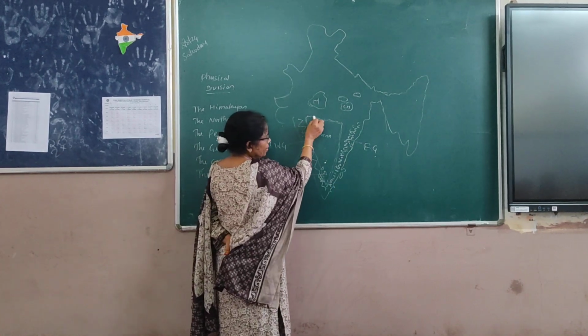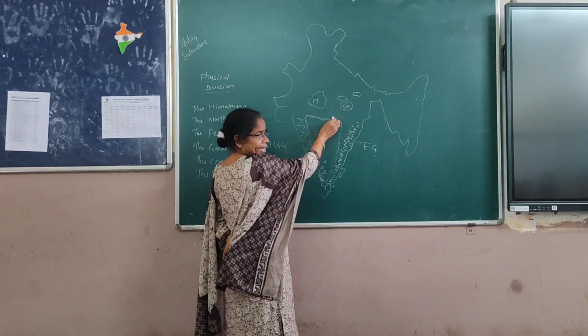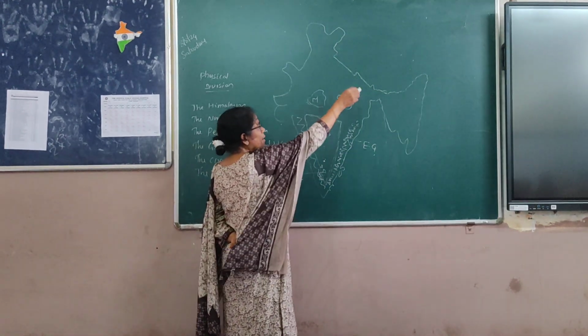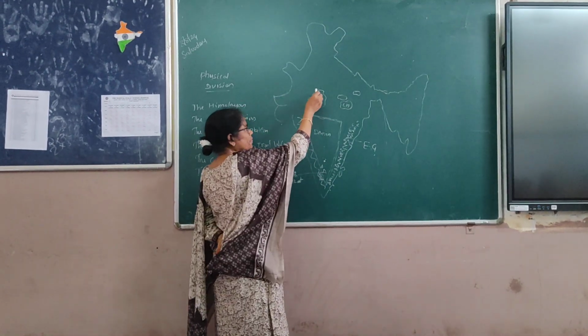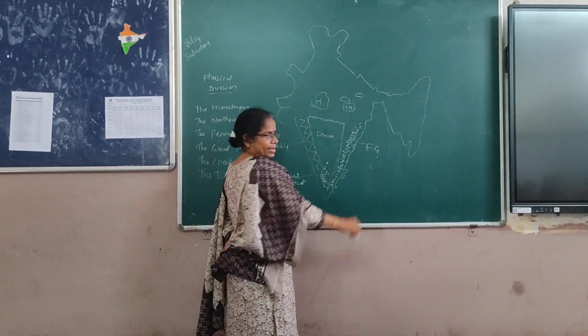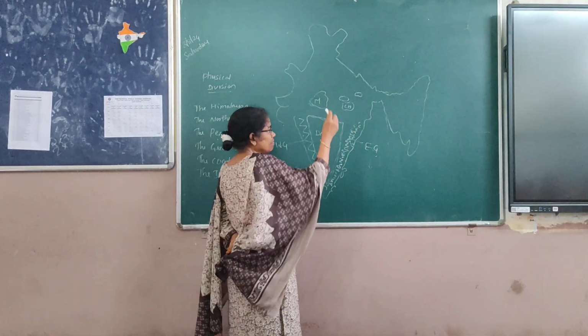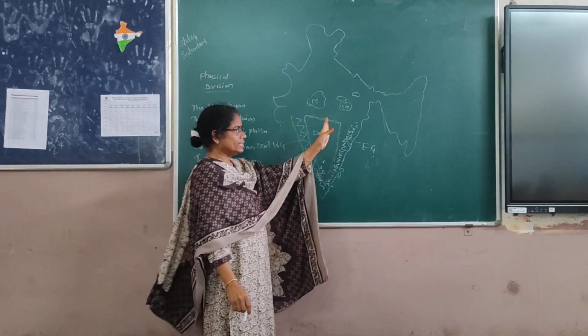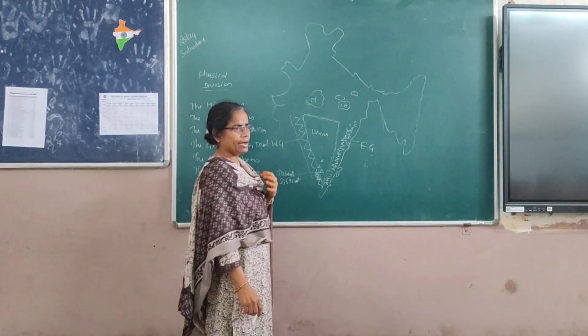This Deccan plateau is formed in a triangular shape. The topography of the Deccan plateau tilts towards the eastern side. This is the reason many rivers flow from west to east and drain into the Bay of Bengal. We already discussed the mainstay rivers, the Indus, Ganga and Brahmaputra.